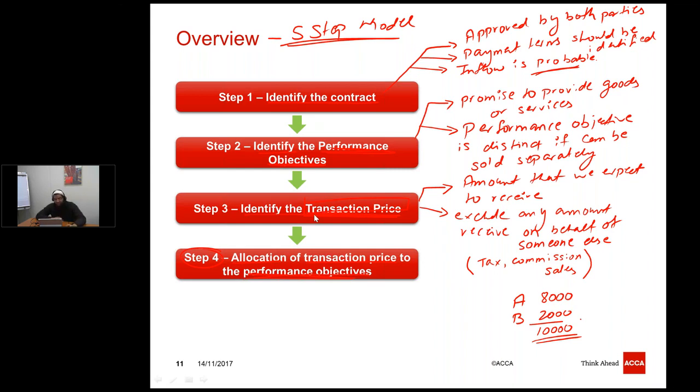No, Harsh, the performance objective means the promise, the goods or services that we discussed in step number 2. The performance objective means the promises that we have made to provide goods or services.